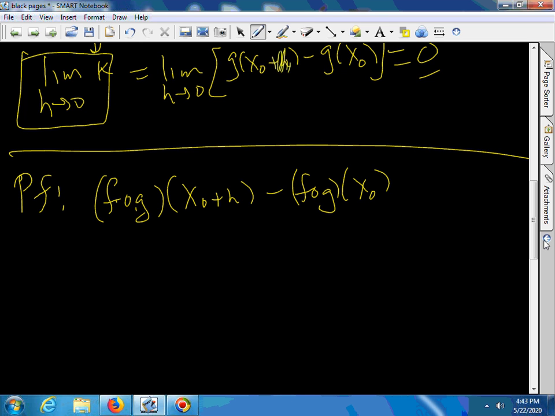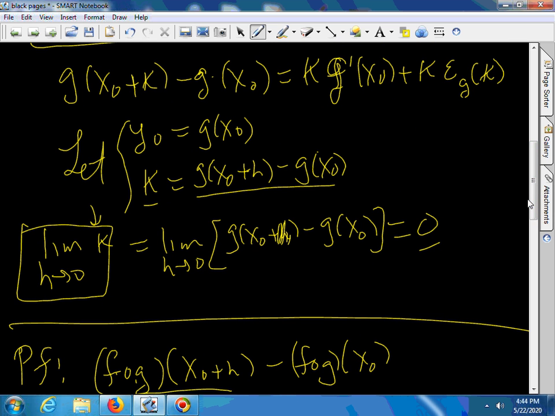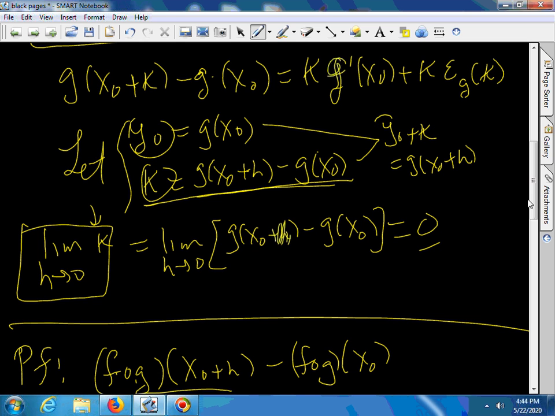Now if I divide it by h, that would be the difference quotient. We want to see what happens as h goes to 0. But let's just hold off on that. So this here is f of g of x. I just want to see one thing here. So over here, if you add y0 and k, you're going to get g of x0 plus h.